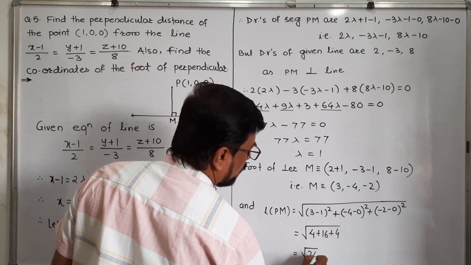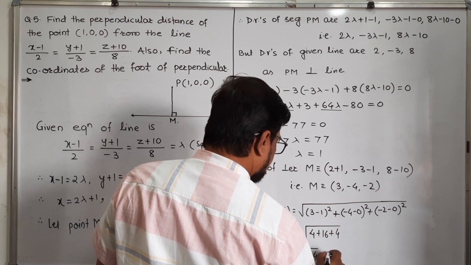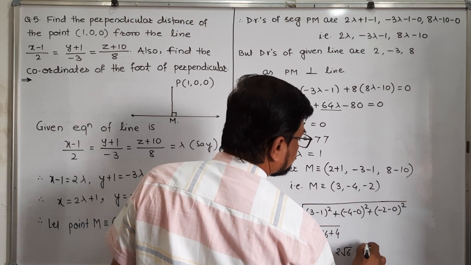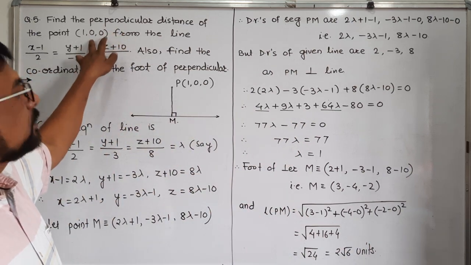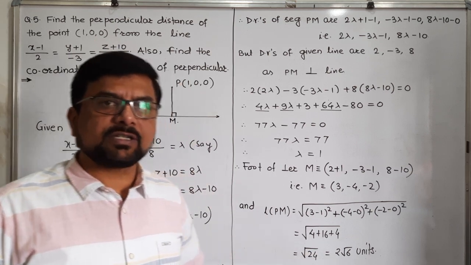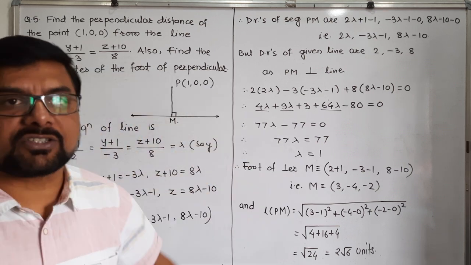Root 24 can be written as 2 root 6, that is 2 root 6 units. So the perpendicular distance of the point (1, 0, 0) from this line is 2 root 6 units. Please note it down. We'll continue from question number 6.